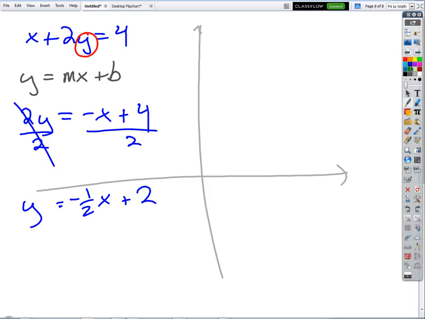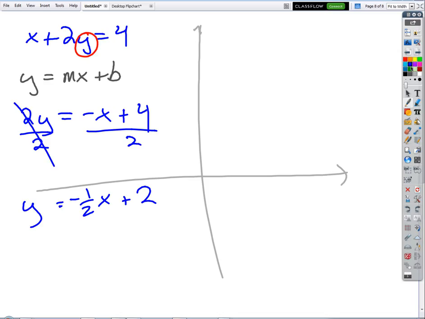Ah, points. What about the points? How many points do we need? Well, we could have 3, but how many do we actually have to have? We only really need 2, don't we, to define a line. So here's always the way that we're going to sketch lines. Easiest way possible would just be create 2 points on the line and then connect and extend, okay?